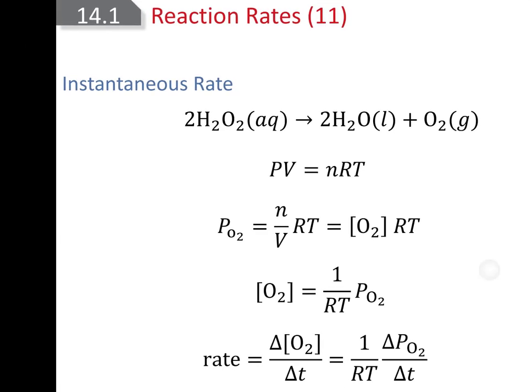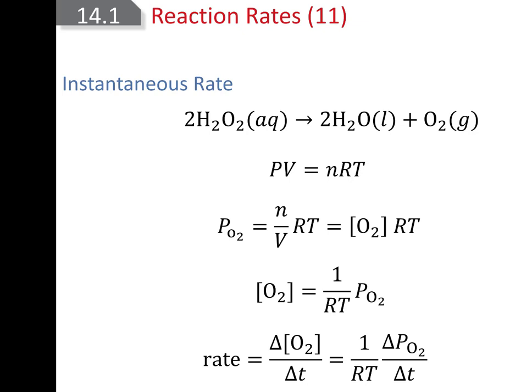So in this case here, because I can't have a concentration of a gas, we can measure a gas by its pressure. So what I've done right here, PV equals nRT. What equation is this? PV equals nRT. Gas law, ideal gas law.